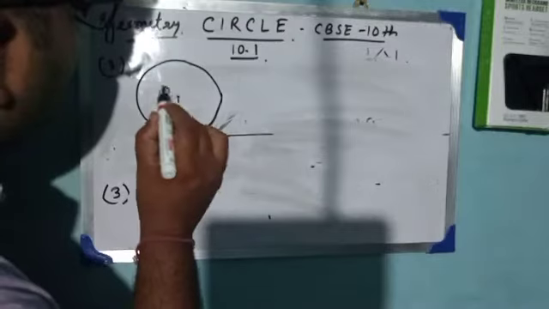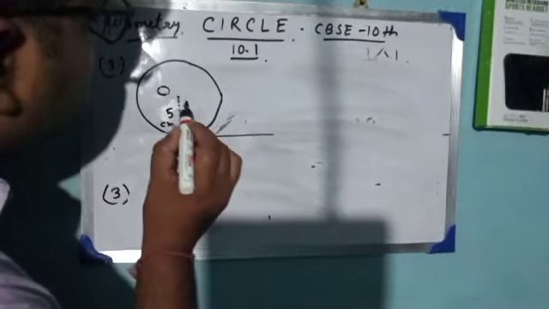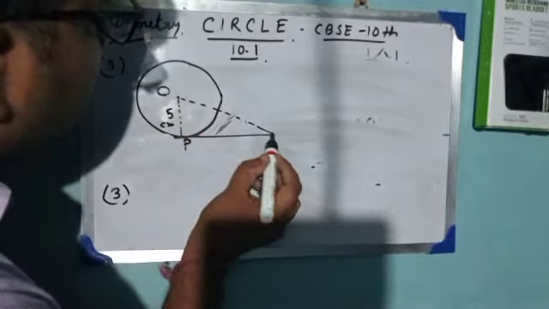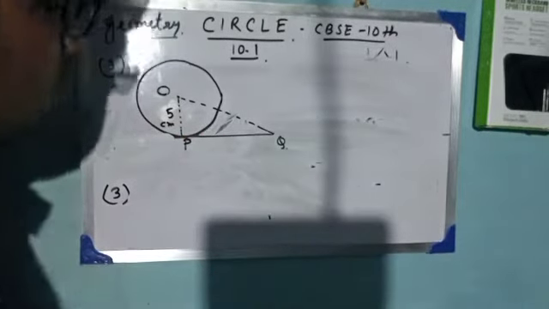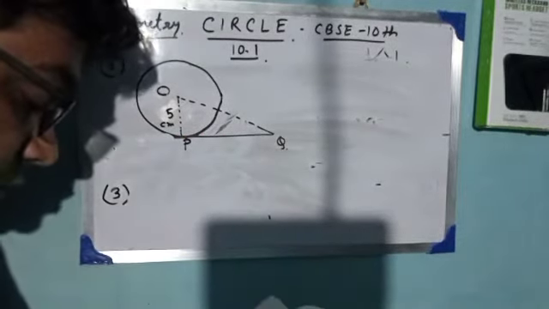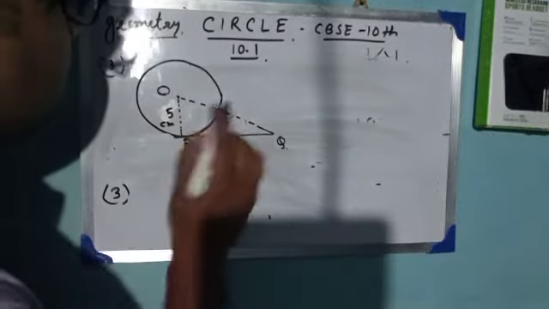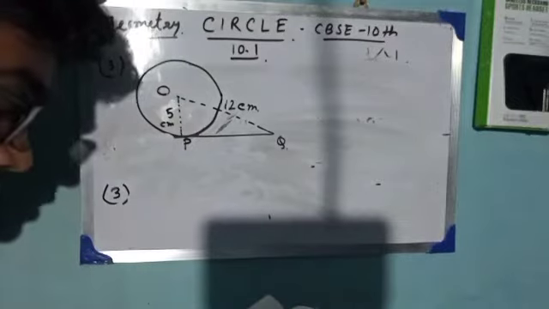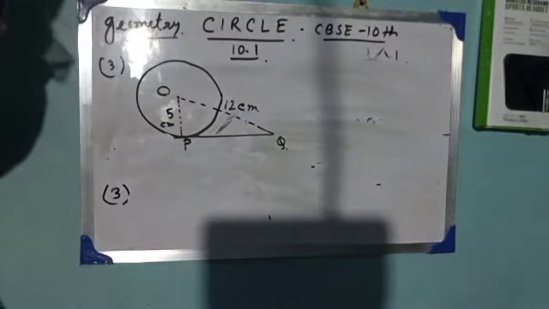So this is O and the tangent meets at Q, and OQ is equal to 12 centimeter. We have to find the length of PQ.